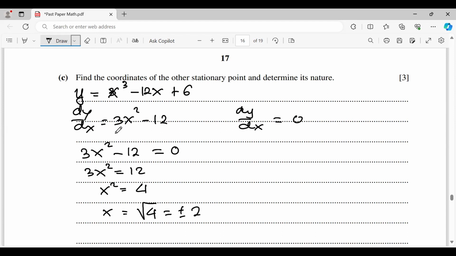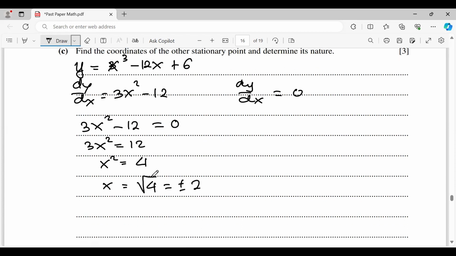Right. So we're going to take x equals minus 2, because just now the requirement is x less than 0.